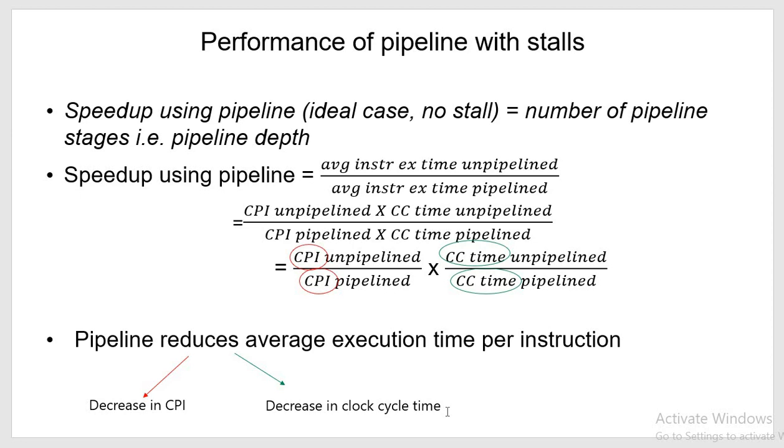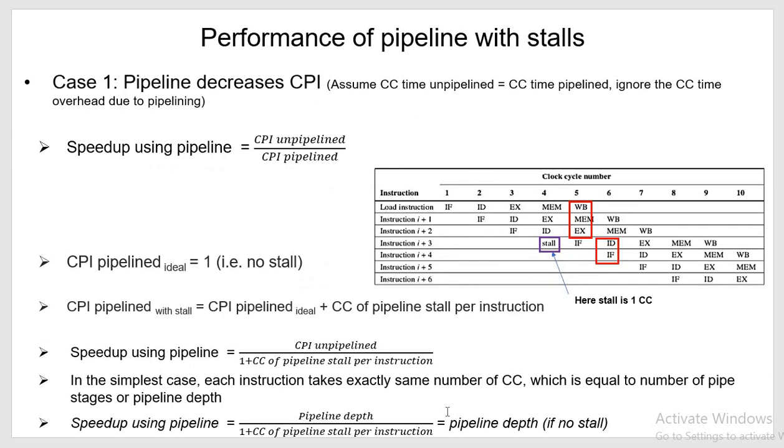Now we will try to understand what equations are required to evaluate the speedup with respect to the decrease in CPI or in the clock cycle time. First of all, we will consider that the pipeline decreases CPI.